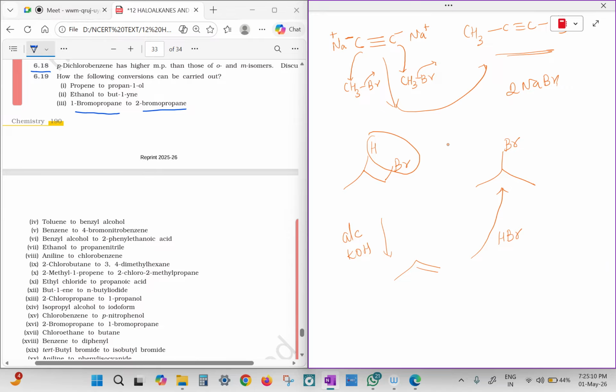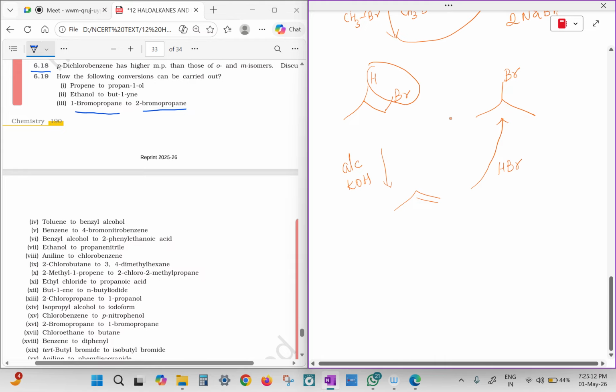Now plan for the reverse. If you have 2-bromo and you want 1-bromo, what will you do?